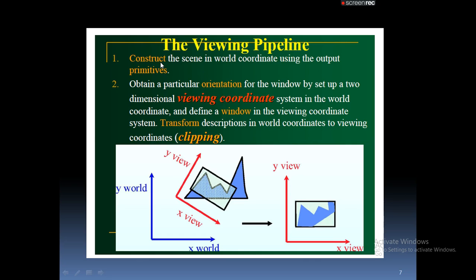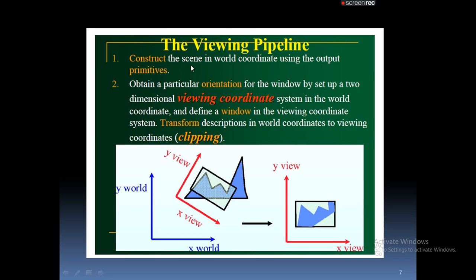We need to construct the image in world coordinates, and we need to use output primitives. Already we know what geometrical primitives we use in computer graphics.